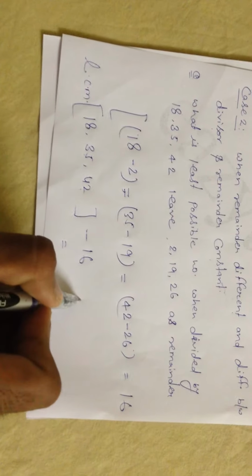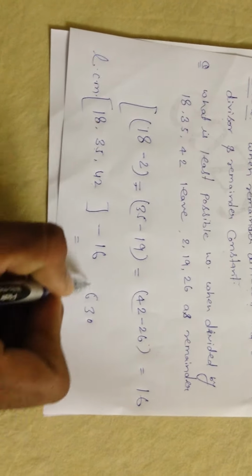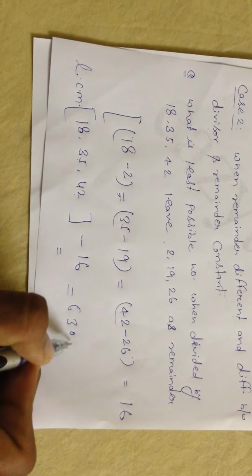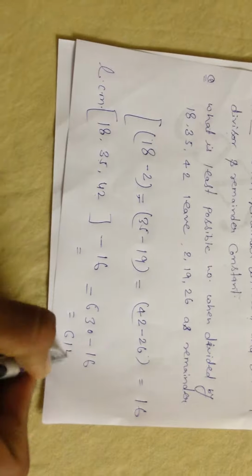So the LCM of these numbers is 630, minus 16, that is 614.